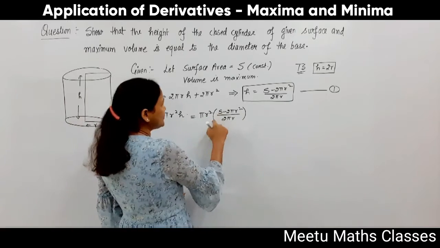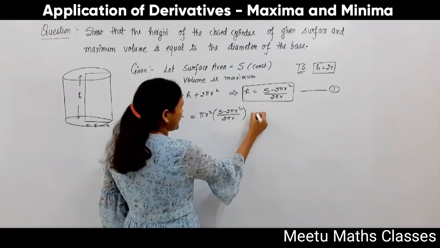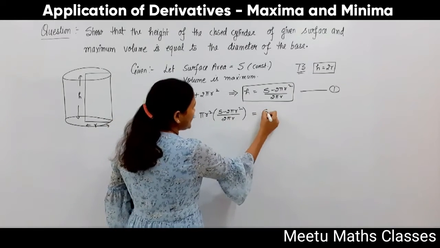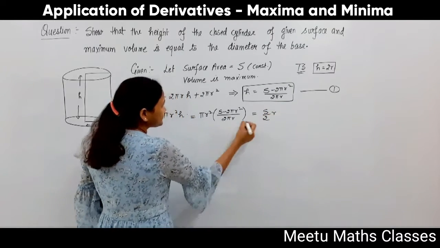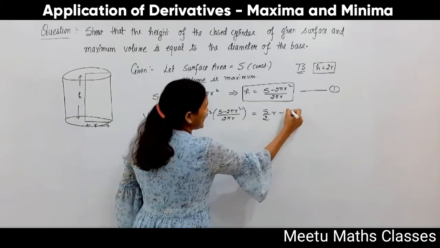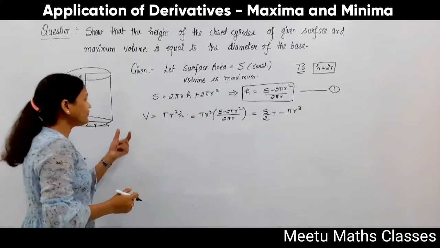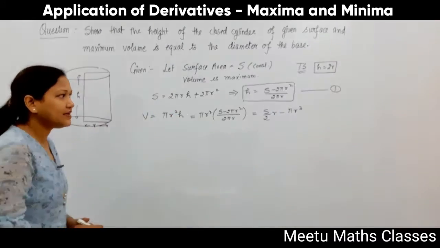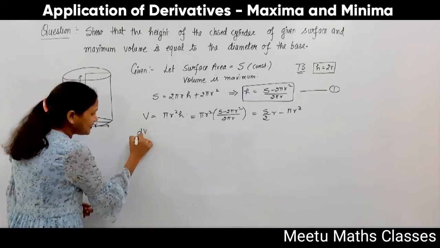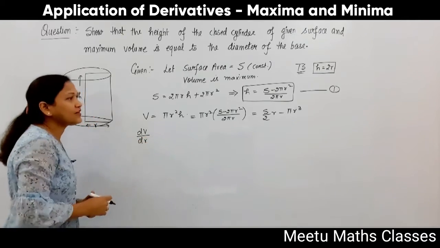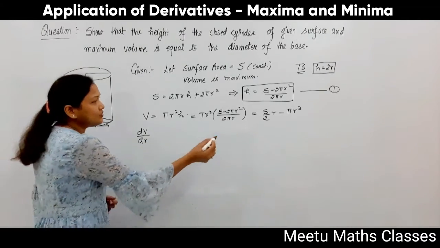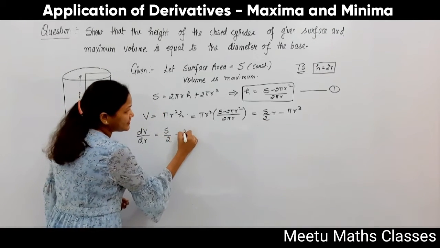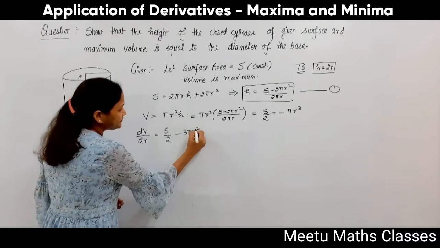So your volume function will become, if you multiply, pi r will cancel out, S by 2 r minus pi r cube. So your volume function is in only one variable. Now you can differentiate the volume function with respect to r. So dV by dr will become S by 2 minus 3 pi r square.